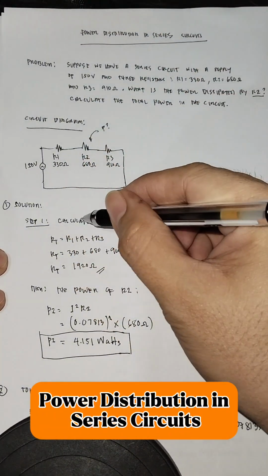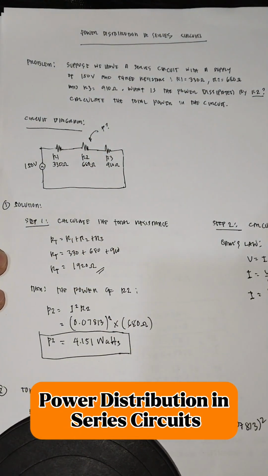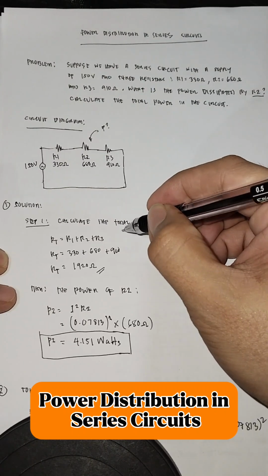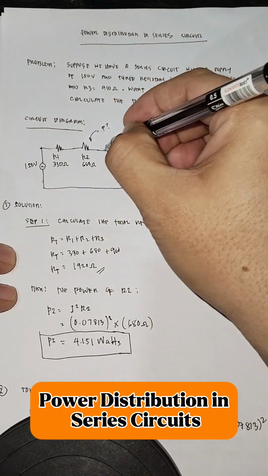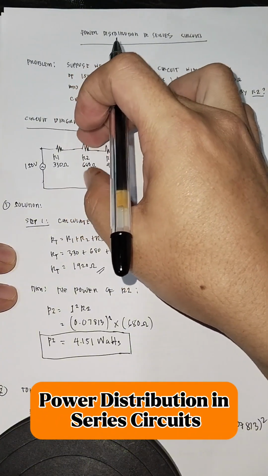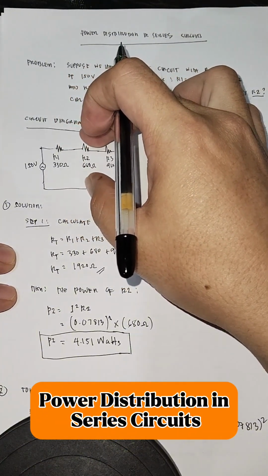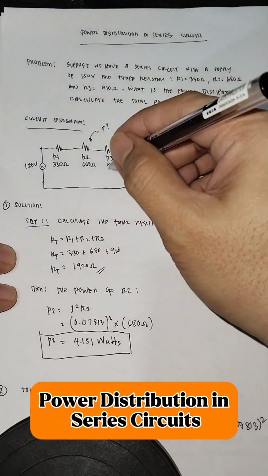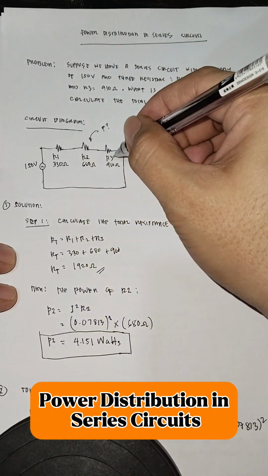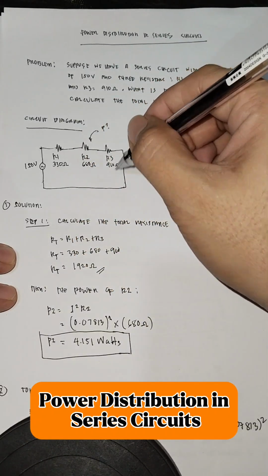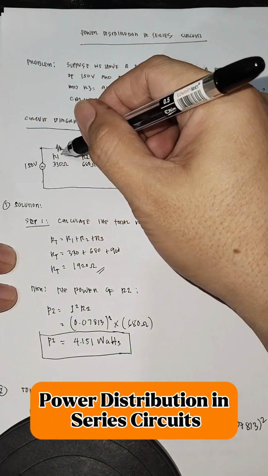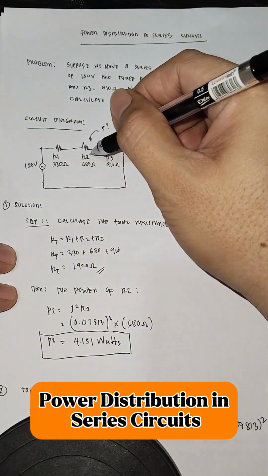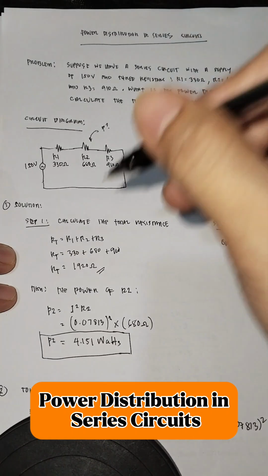For step 1, we need first to calculate the total resistance of this circuit. Since this is connected in a series circuit, we just add up the individual resistances.